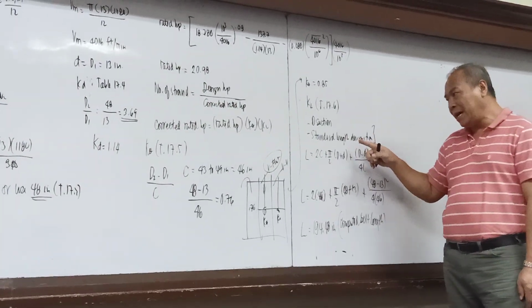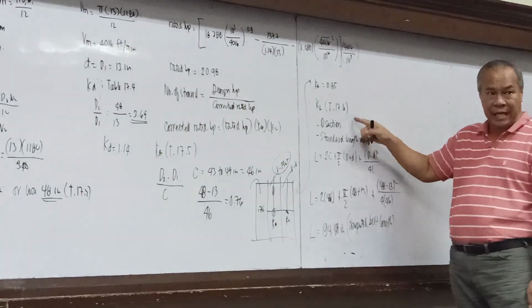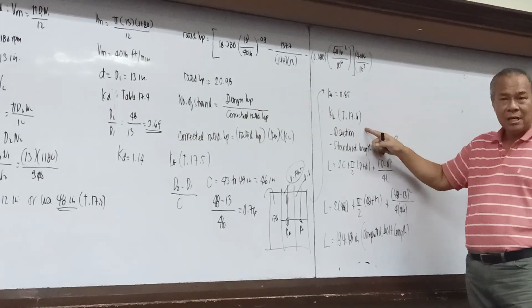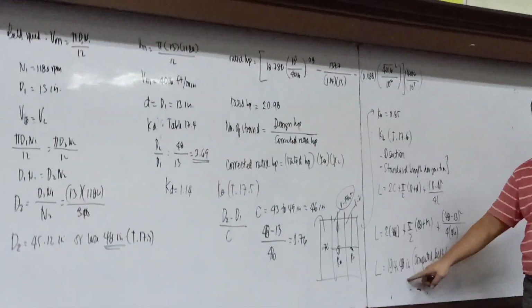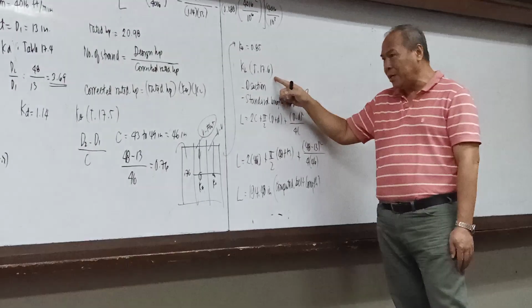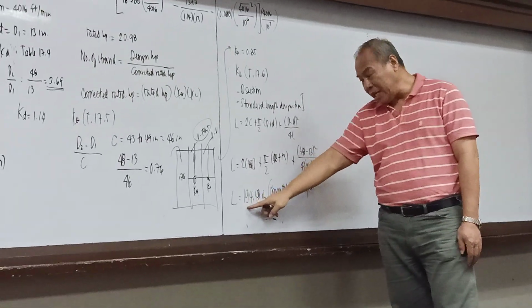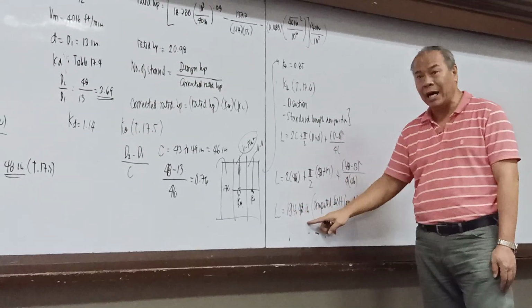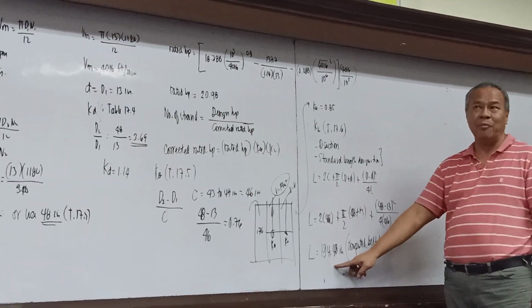Para malaman natin standard length designation, go to table 17.6. Using 194.48 as your basis, doon sa table 17.6, doon sa size standard length, maghanap ka ng value na equal dito. Kung walang ka-equal, the number that is very near this one, pwedeng maliit, pwedeng malaki.